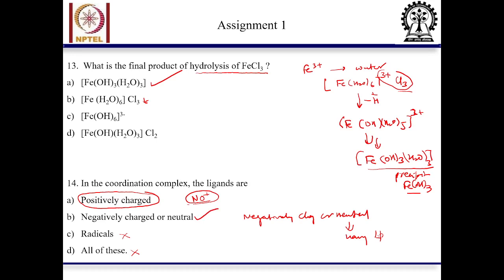The general thumb rule is that positively charged ligands cannot form coordination complexes, but there is a rare example like the nitrosonium ion where this can happen. So Devendra Malik, I think your confusion is clear. Option B is correct, the best suitable answer I will say.